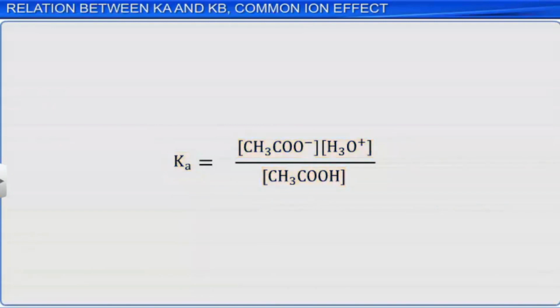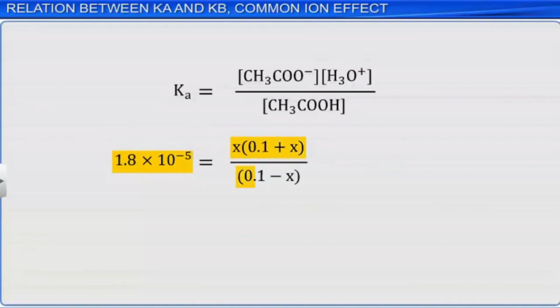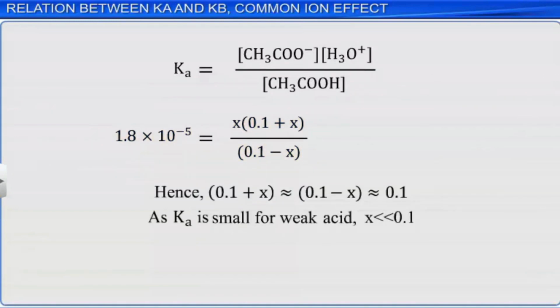Substituting the value of Ka and the equilibrium concentrations of acetate, hydronium ions and acetic acid, we get 1.8 multiplied by 10 to the power of minus 5 is equal to X multiplied by 0.1 plus X divided by 0.1 minus X. As the acid dissociation constant Ka is small for a weak acid, the extent of ionization X can be assumed to be very much smaller than 0.1 mole.